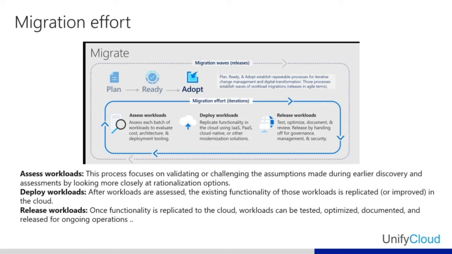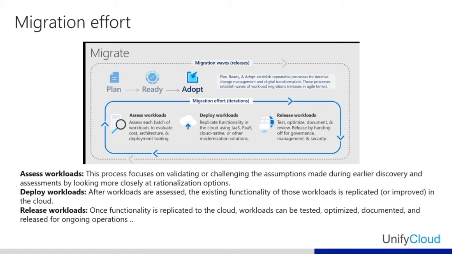After assessment, while you're deploying, how are you deploying? Sometimes you're going to just put a replication engine in place. Sometimes the replication engine is not suitable and you just use xcopy or other things. Sometimes you use other techniques based on the workload. And finally, releasing those workloads. Releasing these workloads is making them available to production. Before doing that, you are testing, optimizing, and documenting those workloads.